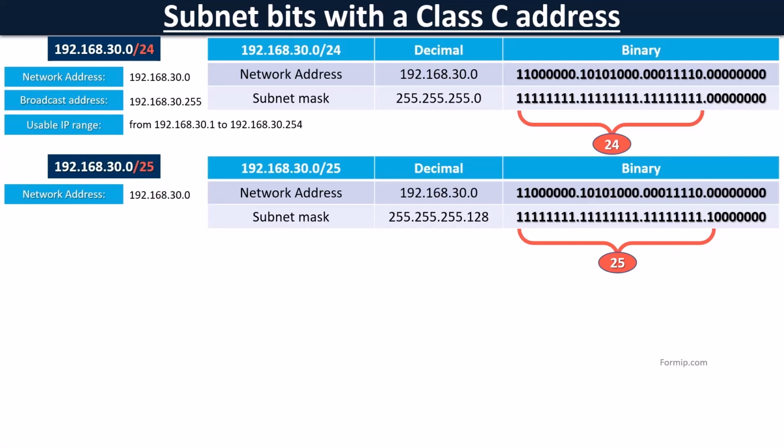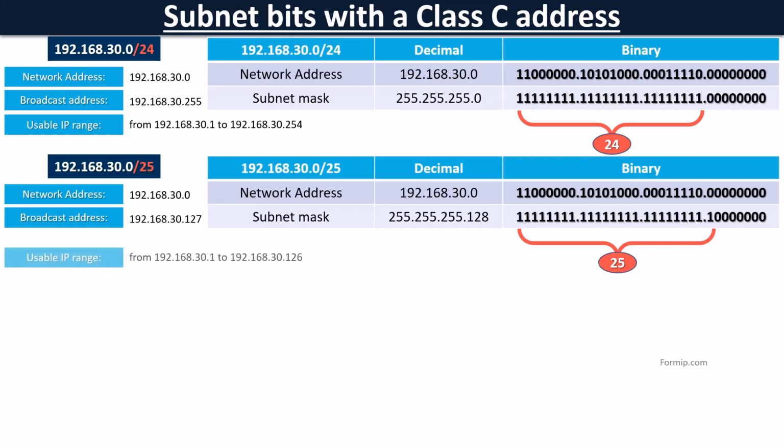If we change all the host bits to 1, where the separation took place on the network address, we find as a broadcast address 192.168.3.127. It will therefore be possible to use 126 IPs for the hosts, because 128 minus 2 is indeed 126.